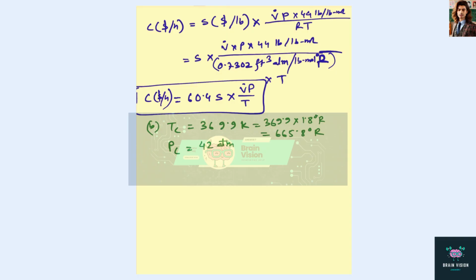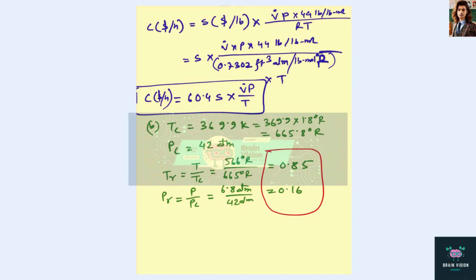Now let's calculate the reduced temperature and reduced pressure. So reduced temperature is 0.85 and reduced pressure is 0.16.